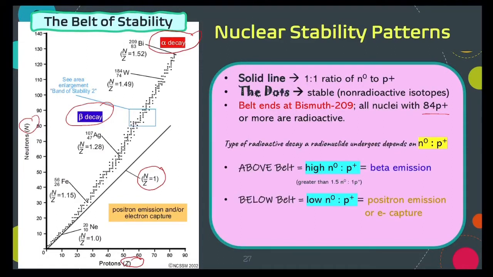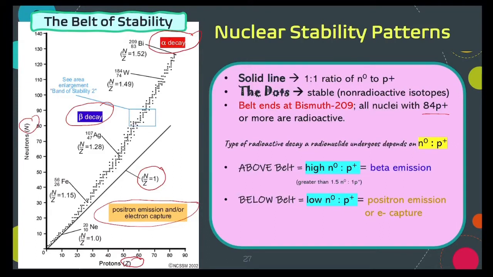Below the belt of stability, particles or nuclides will undergo positron emission or electron capture. In this region, nuclides typically have a low neutron to proton ratio. So there's an abundance of protons.